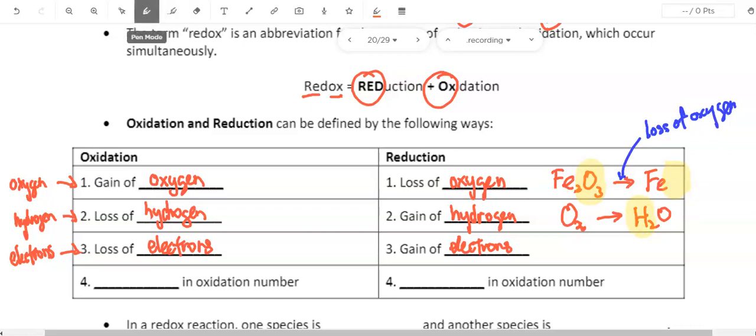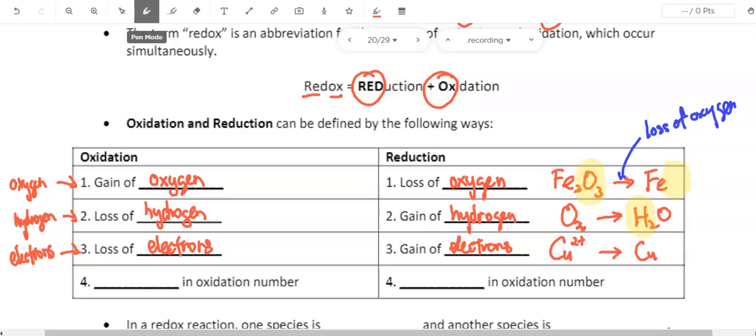The next one is in terms of electrons, the third concept here. How do I know whether there's a gain of electrons or not? By looking at the charge itself. For example, I have Cu2+ that becomes Cu.